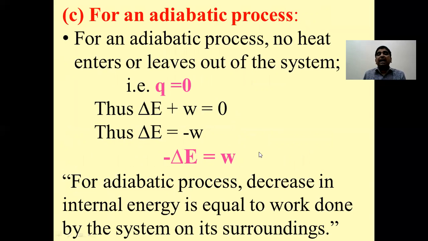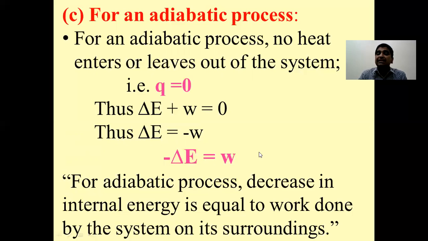Now for adiabatic process. Adiabatic process is a process in which no heat enters into or leaves out of the system. And here therefore Q is equal to 0, that is, total heat content of the system is remaining constant.